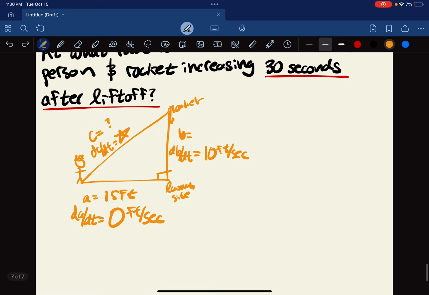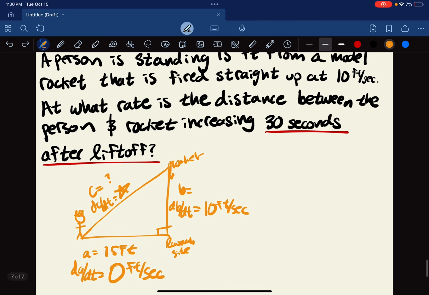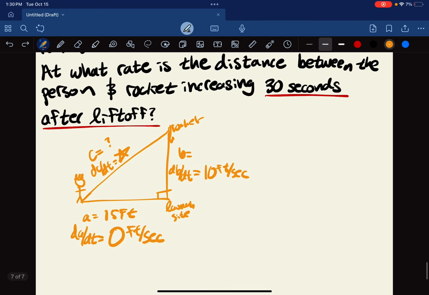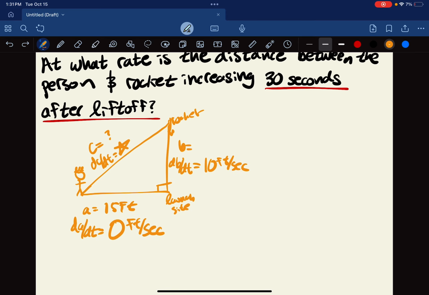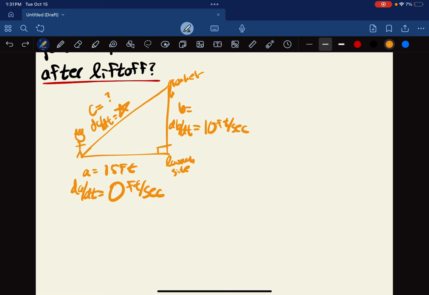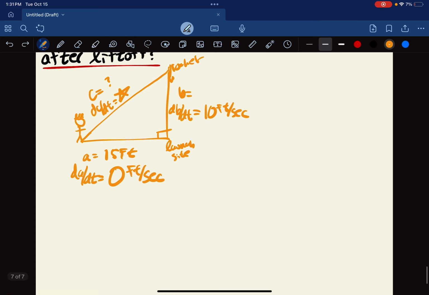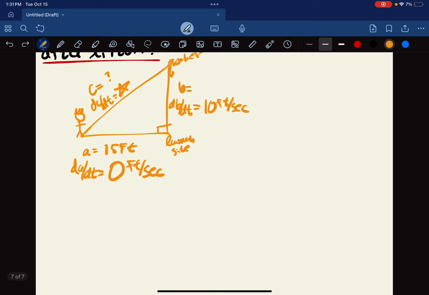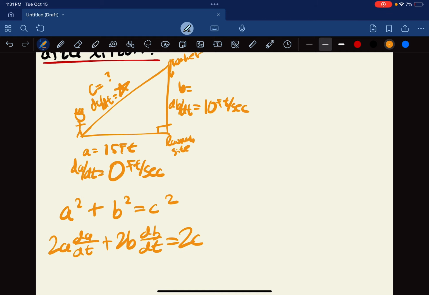We know pretty much everything about this except for c and dc dt. So we want to involve dA dt and dB dt in our formula. So we can take the Pythagorean theorem and take the derivative of it: 2a dA dt plus 2b dB dt equals 2c dc dt.